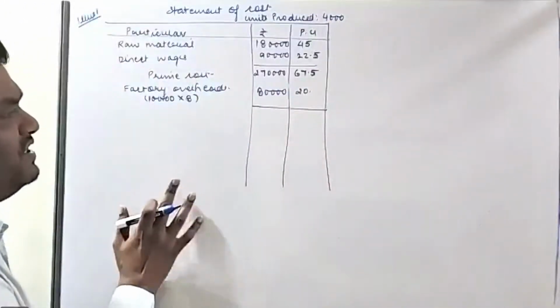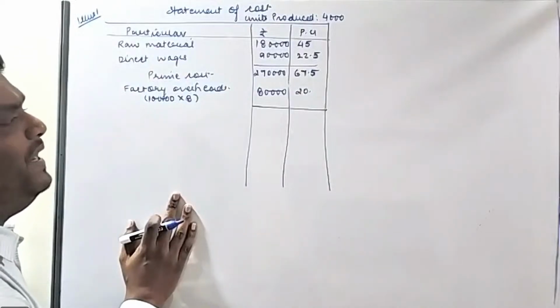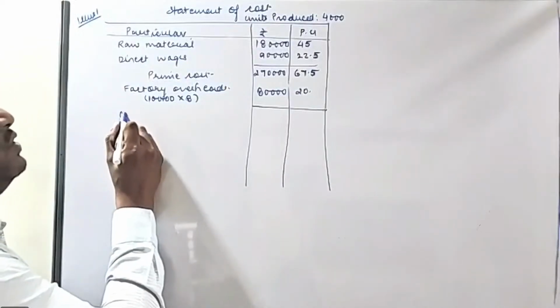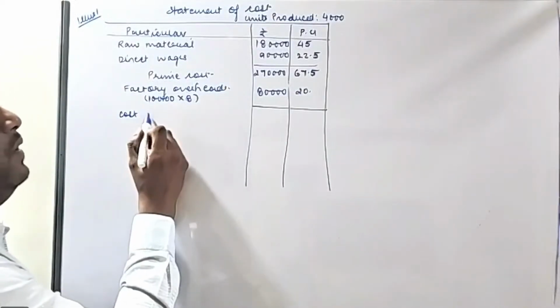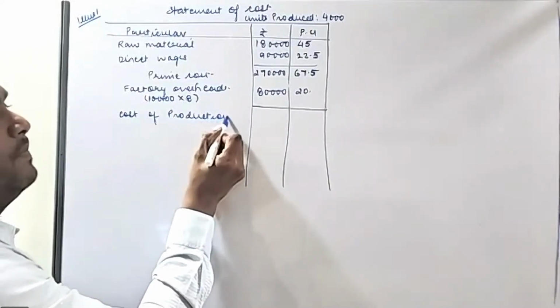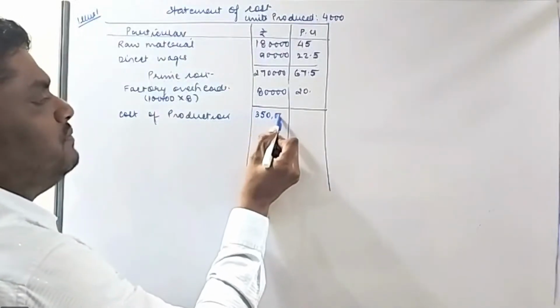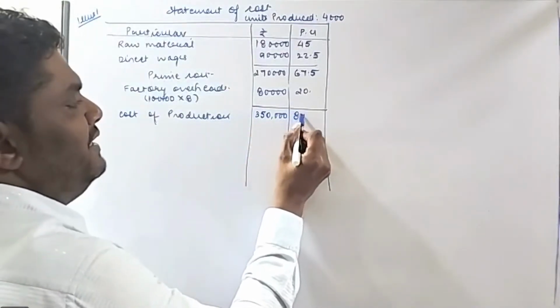Since no information is given as regards these items and no information is given as regards opening and closing work in progress, after adding the factory overheads only, we will be getting directly the cost of production. This will be 3,50,000. And this will be 87.5.